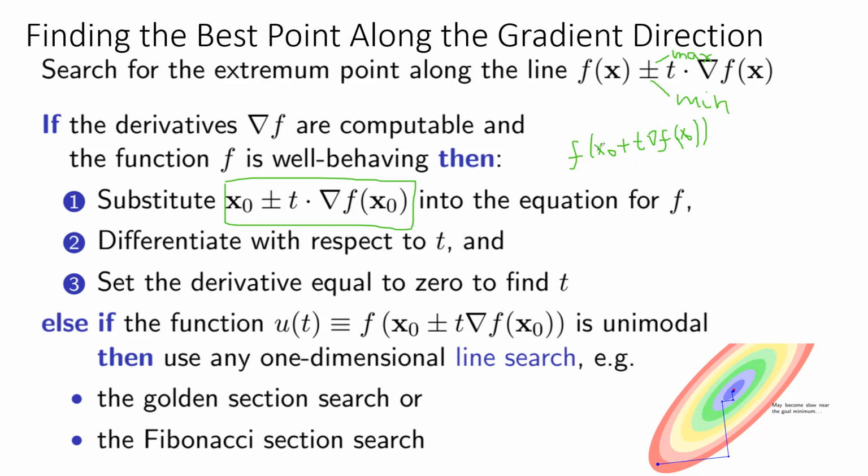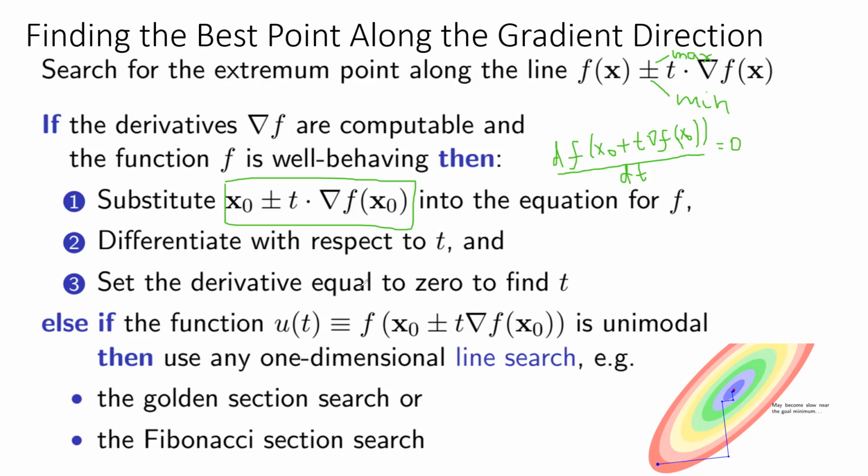Now we want to find the derivative of that. We find df by dt and find the value t for which this turns into 0. This is a function of one variable, which is t. After we found that, we can find the point.